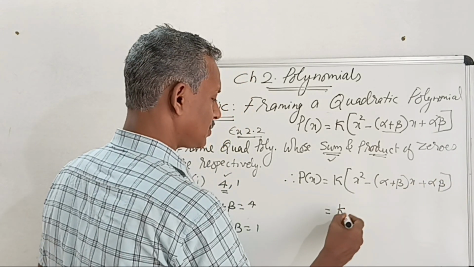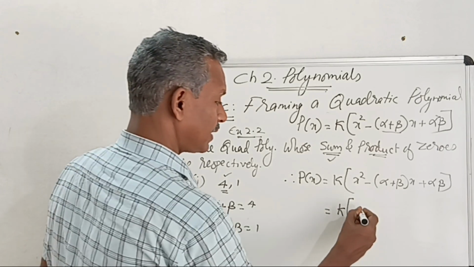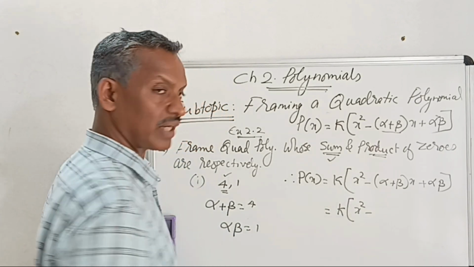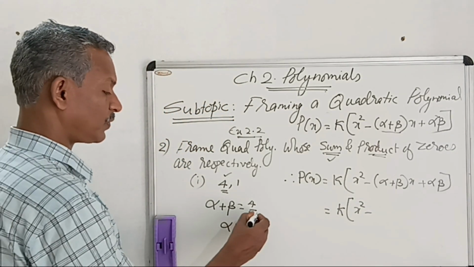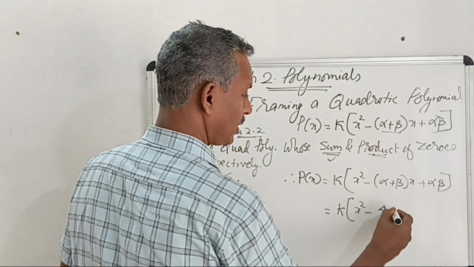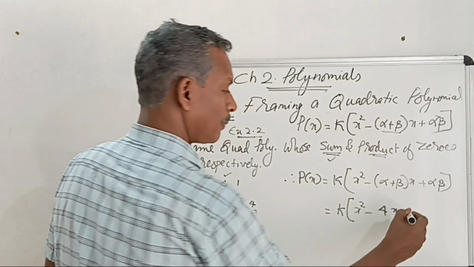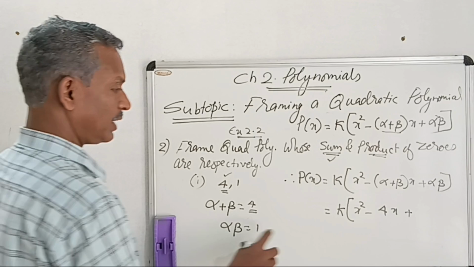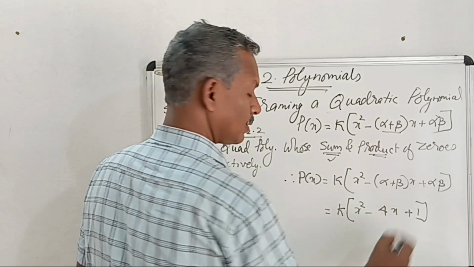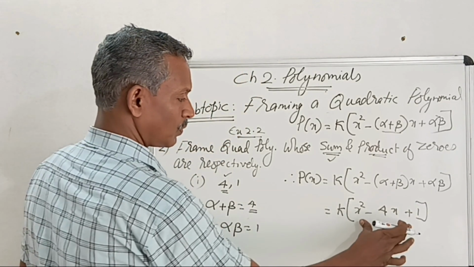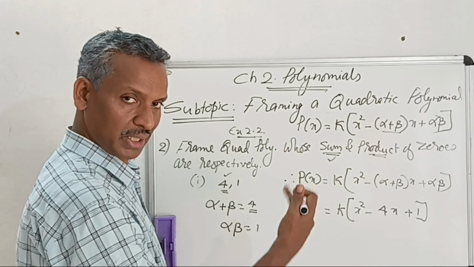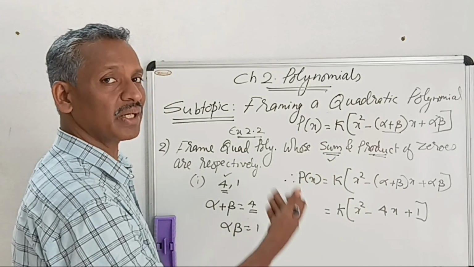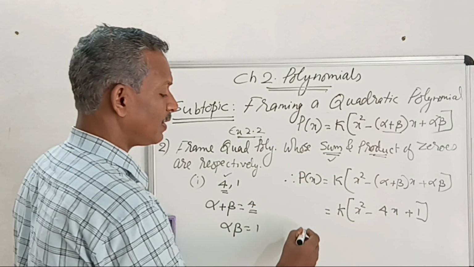Then put the values, k into x square minus, what is alpha plus beta? It is 4 into x plus alpha beta is 1. Okay, this is one polynomial, it is again multiplied by k. By changing the value of k, we can make an infinite number of polynomials.